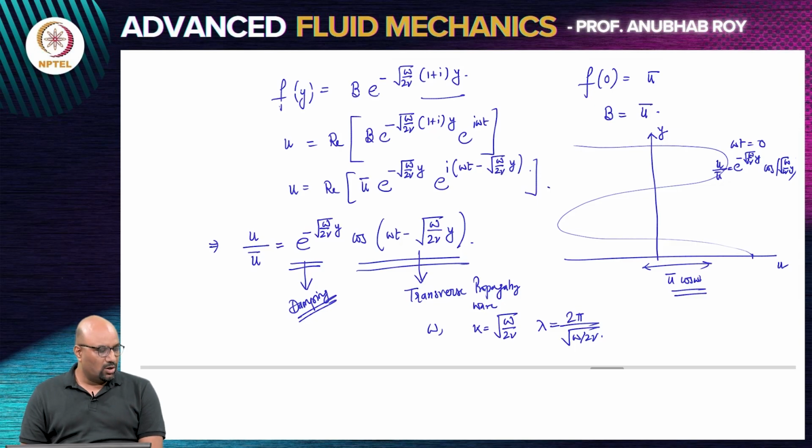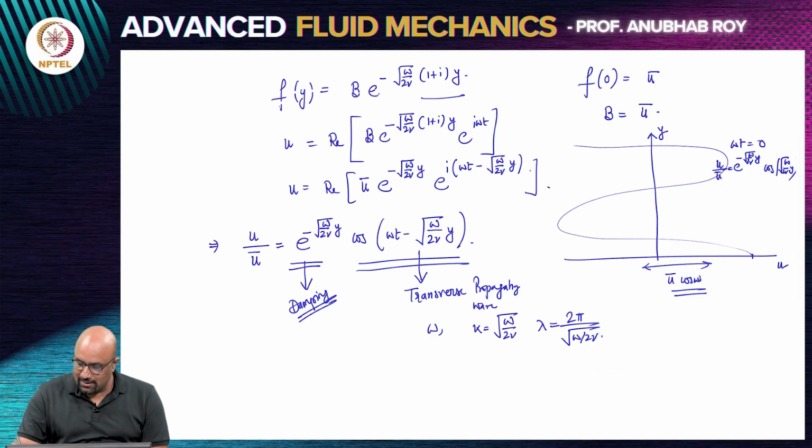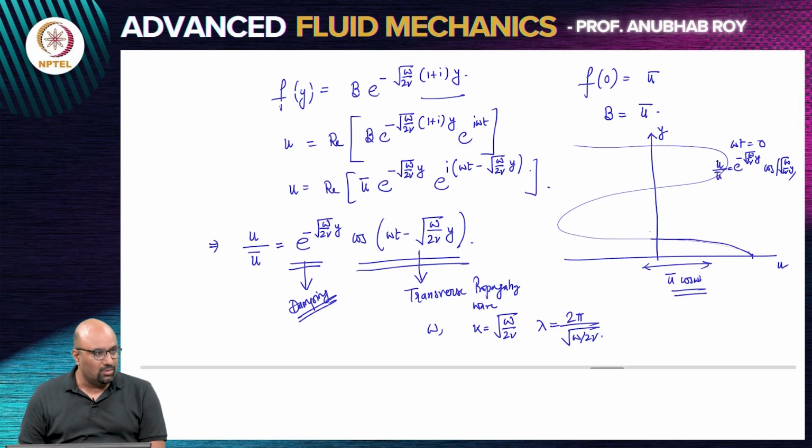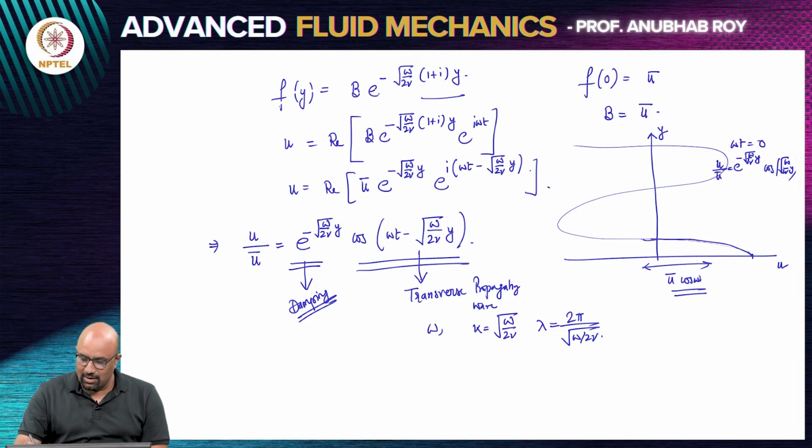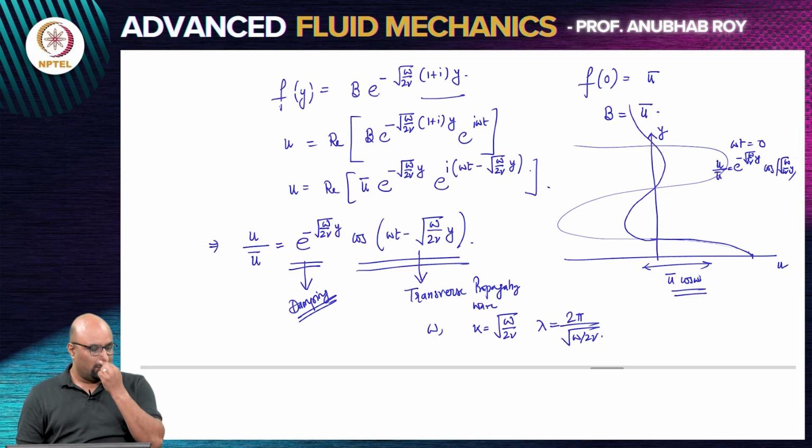So what you would observe is that it will go to 0 at the location where the cosine goes to 0, but it will start to dampen out. Right? There is going to be a dampening that you are going to observe.